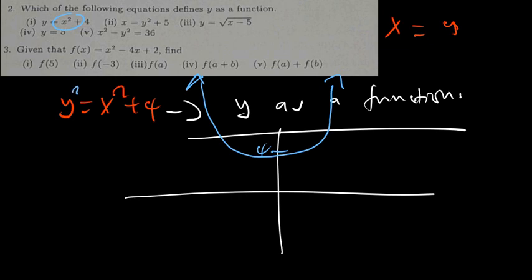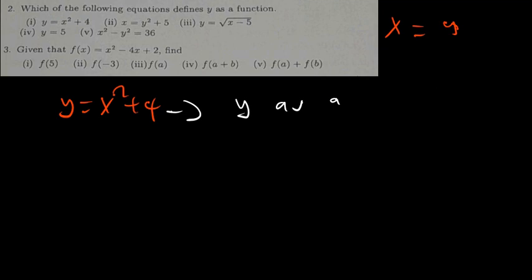But if y is squared, meaning the range has two values of y, which is not making sense. So it does not define y as a function. This question is very simple and direct. The first one defines y as a function. The second one does not define y as a function of x because y is squared.